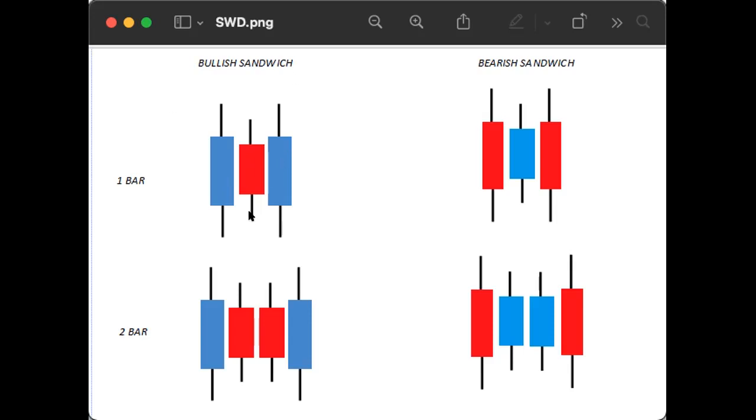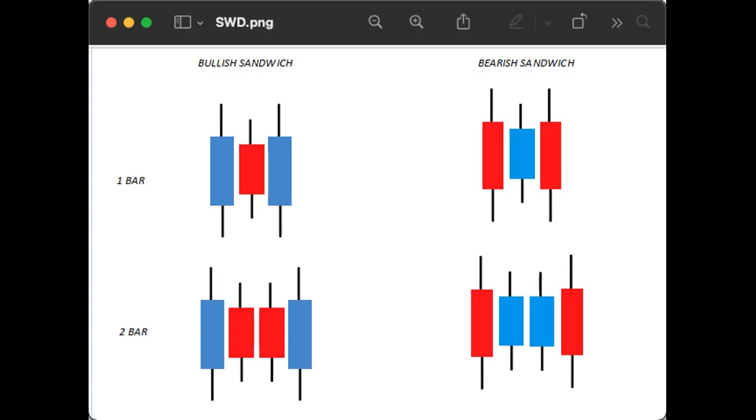This is the bullish sandwich. And it is a bearish sandwich when it has two bearish candles with a bullish candle in between.